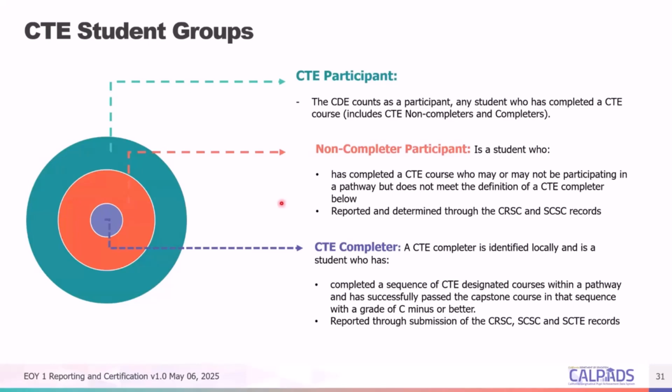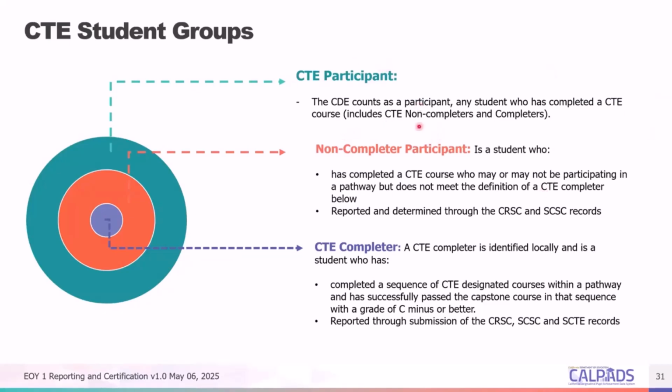Right. So there are two different subgroups of CTE participants. You have your CTE participant, which is anyone who completed a CTE course. Regardless of whether they are in a pathway program or not, if a student completed a CTE course, maybe just as an elective, or as part of their CTE pathway program, they are considered a participant.